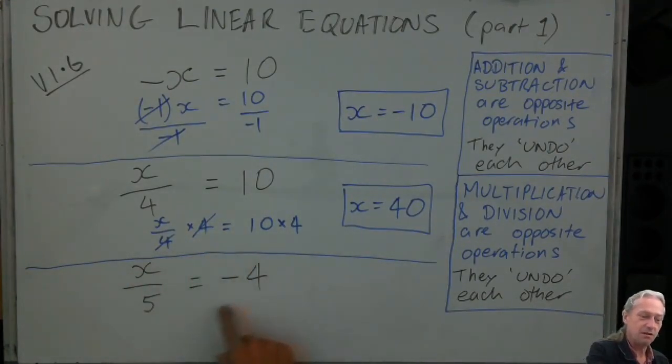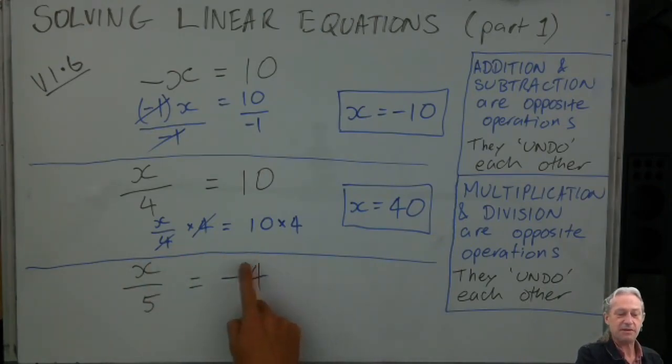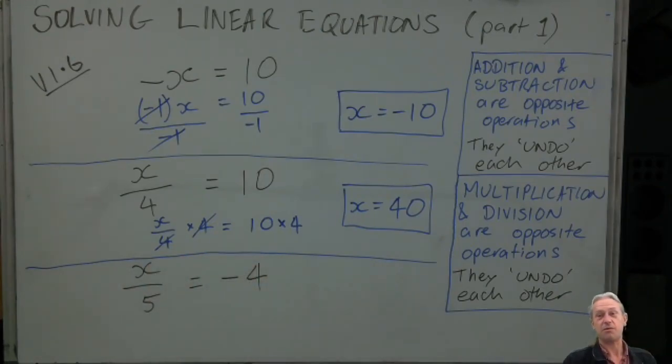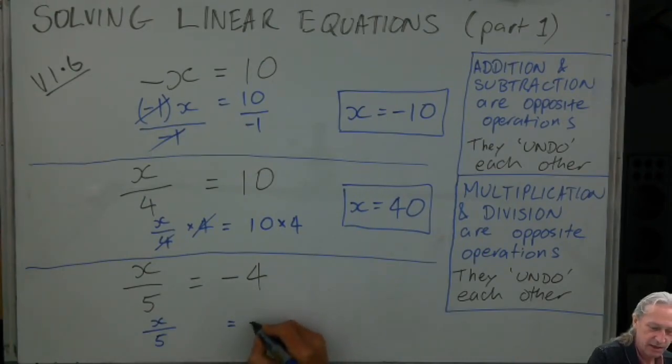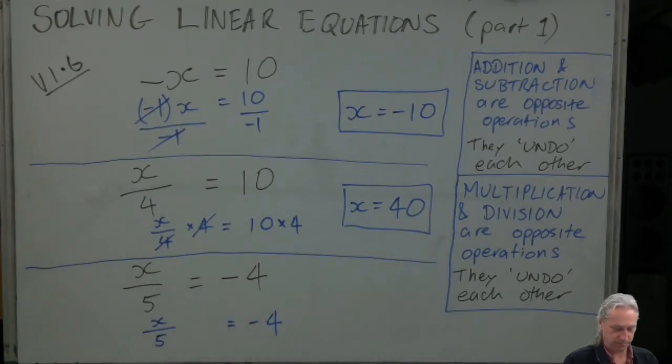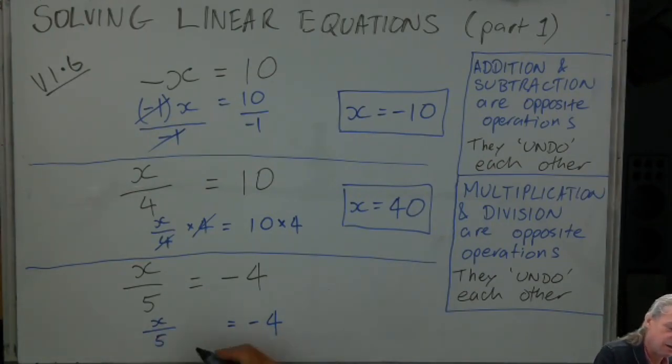And same thing with this last one. The only difference is we've got a negative number here, so we've got to be careful with the sign of our answer. In the same way, I'm just going to write out what we've already got, leave a bit of space, equals -4. The thing I'm changing is I'm going to multiply both sides by this 5.